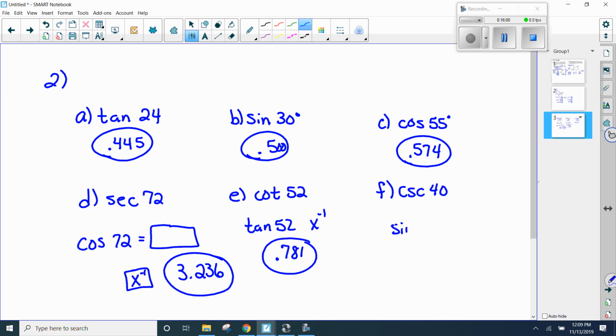The sine of 40, and then you hit the reciprocal key. .556. Are you getting those? Yeah.